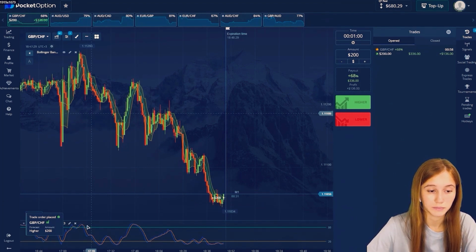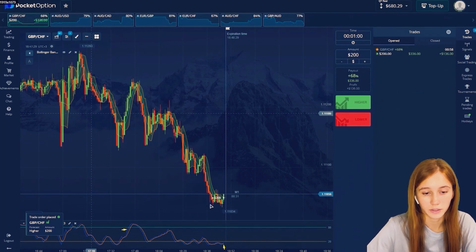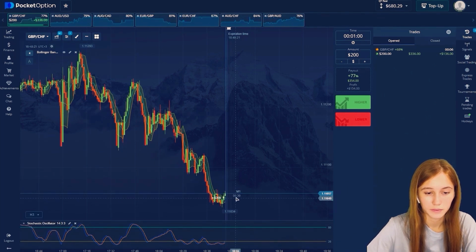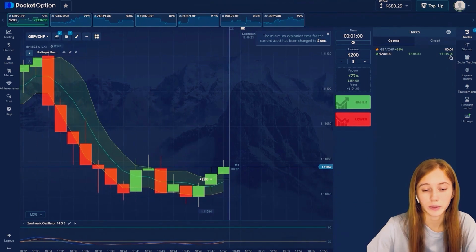Well, let's see what we have here. Stochastic, we see an intersection with the orange line. So that's why we open for an increase.